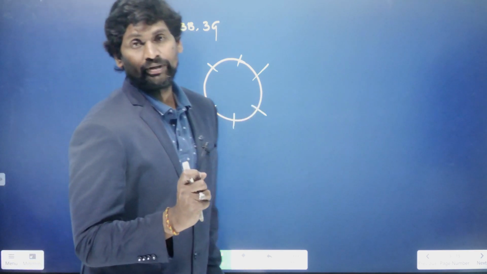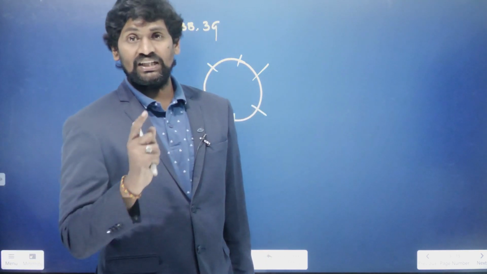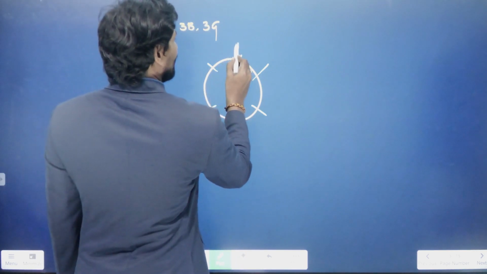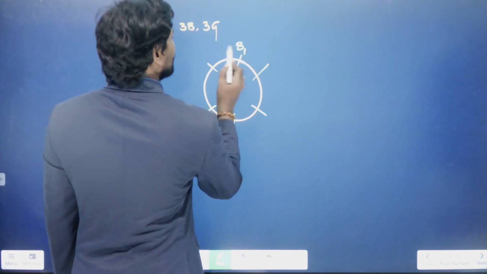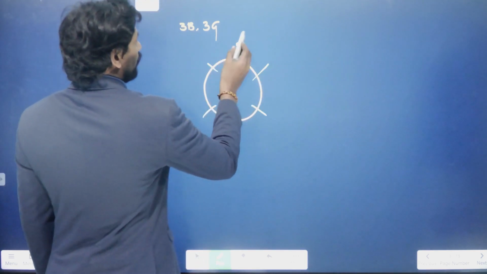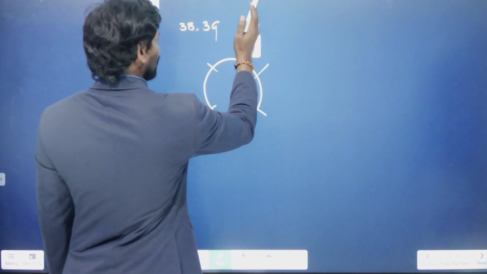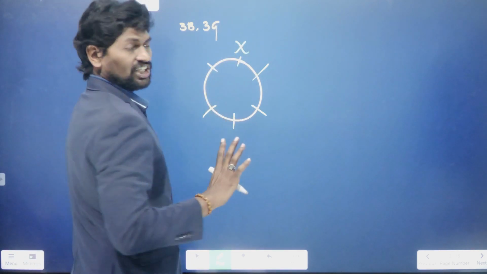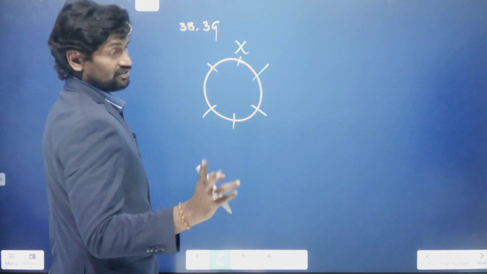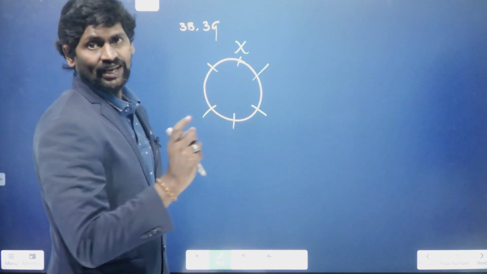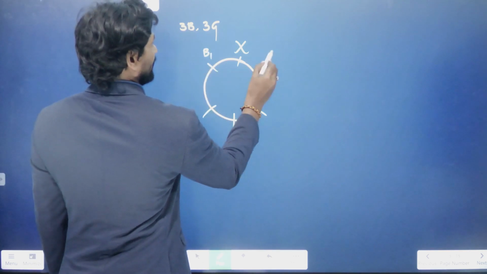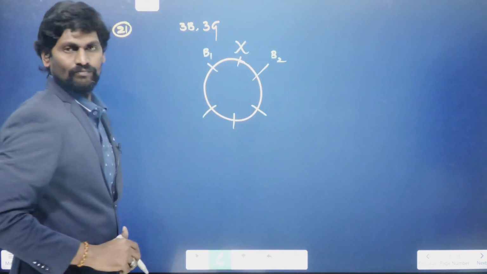That one particular boy does not want any girl as his neighbor. That means the boy must sit only with boys. So the boy I am taking as X or B1 must not sit with any girl as his neighbor. So on the right side and left side, the remaining 2 must be boys.